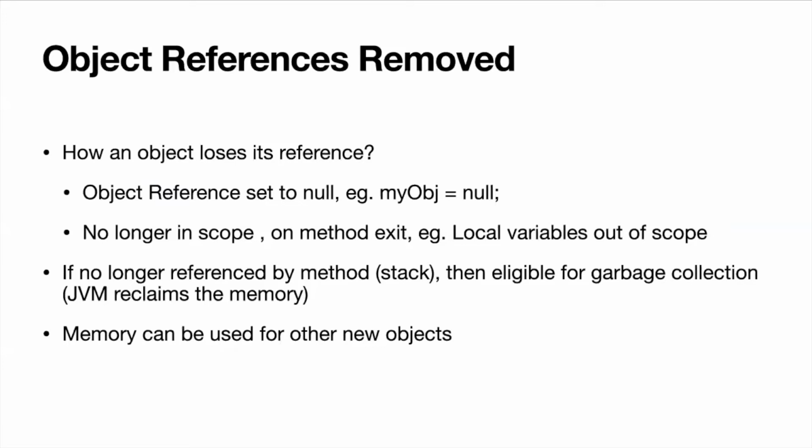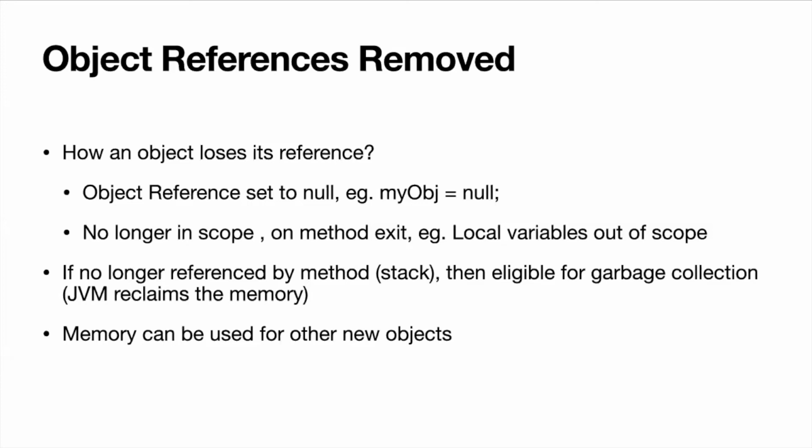An object reference is lost when you reassign it to null or to another object, so the reference to the original object is lost. Another way is when the method exits, then that reference is no longer in scope. Again, the reference is lost as you exit that particular method.